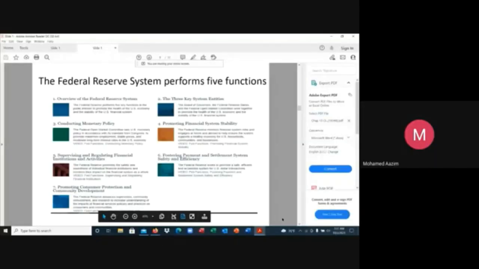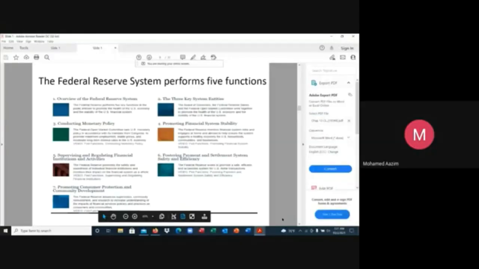Then they also have another very interesting and important function: supervising and regulating financial institutions and activities. This is to promote the safety and soundness of individual financial intermediaries, and through that they look at possible risks to the financial system as a whole.